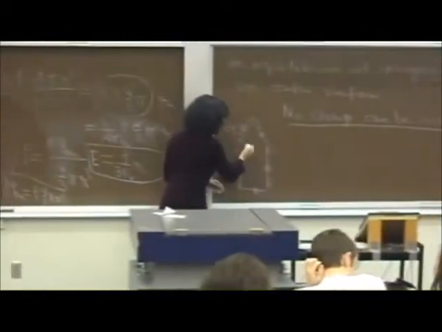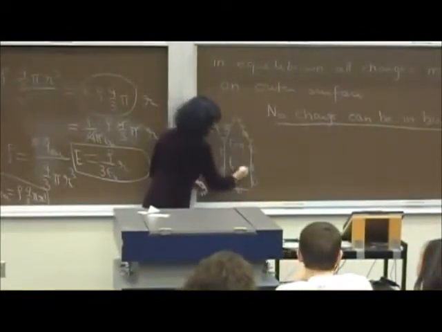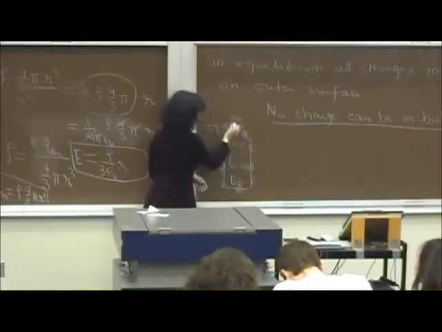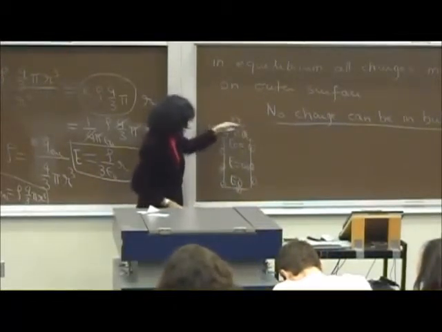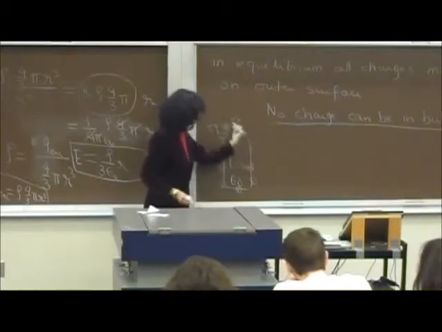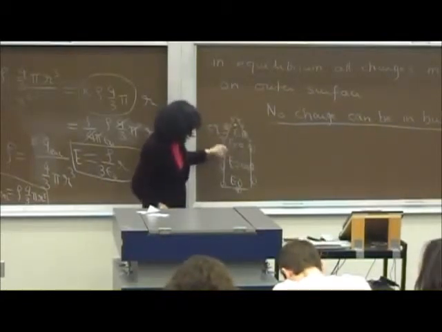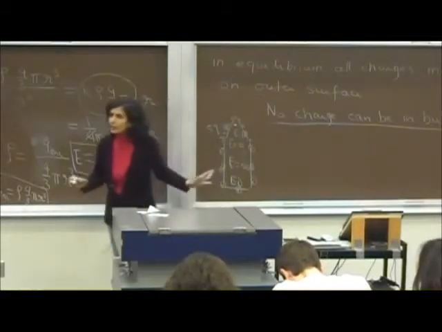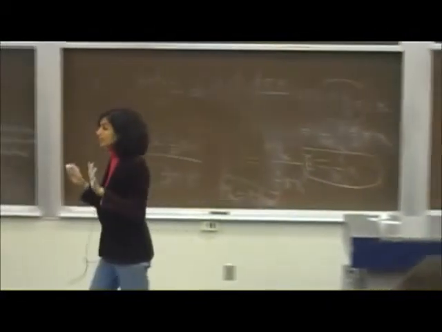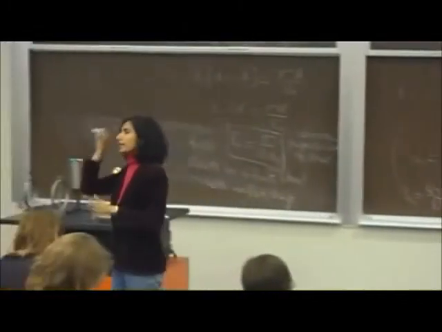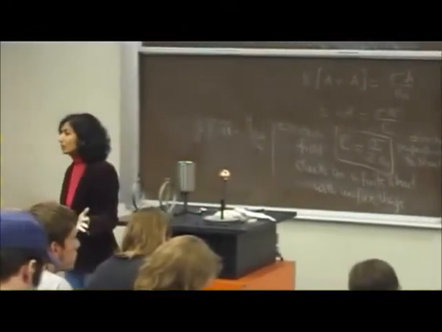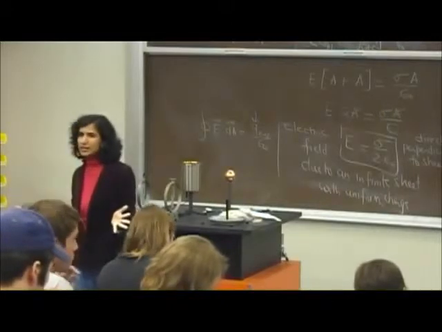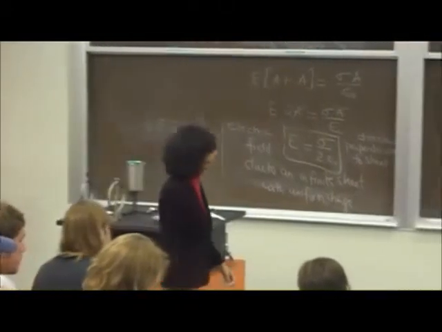If you look at the electric field at this point due to all these charges, or here, or at any point inside the conductor due to all of these charges, the electric field will be 0, and that's when the electrons will realize they have reached equilibrium. Is that making sense? That's the criteria for equilibrium.